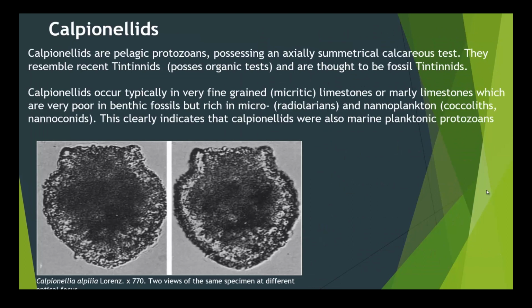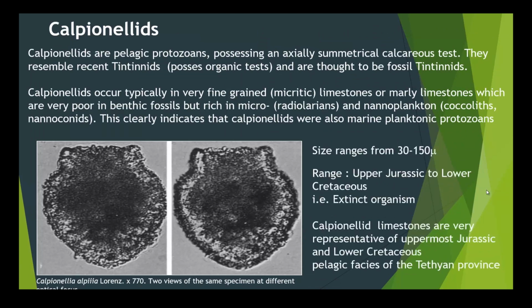This clearly indicates that Calcareous were also marine planktonic protozoans. They range in size from 30 to 150 microns, and they are found from Upper Jurassic to Upper Cretaceous times. The Calcareous limestones are very representative of Upper Jurassic and Lower Cretaceous pelagic species of the Tethyan province.